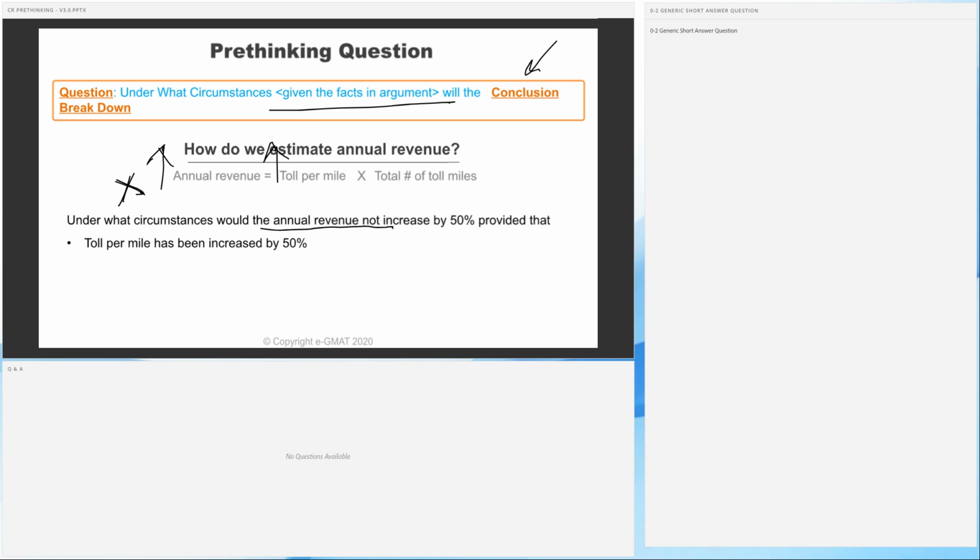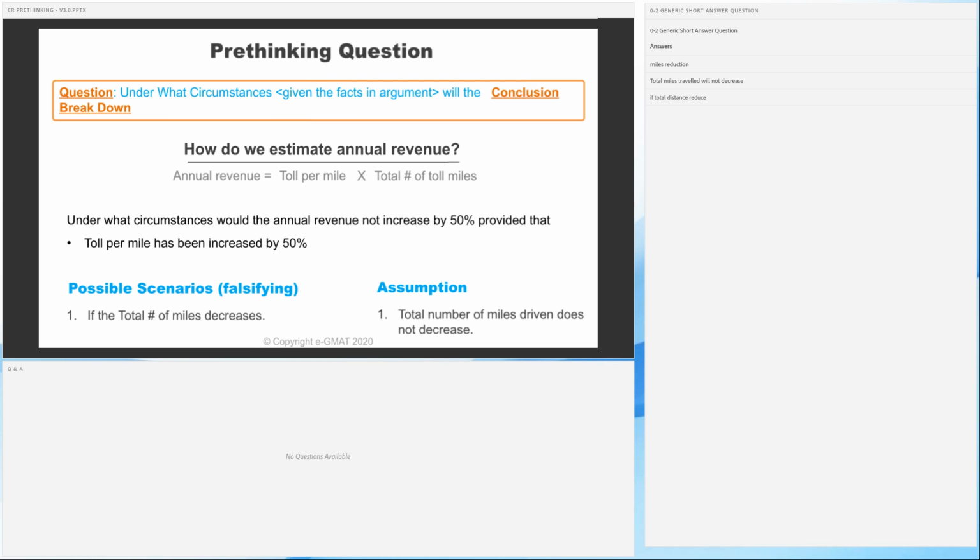If the total number of miles decreases. So that's my only conclusion breakdown scenario. If that's my only breakdown scenario, then my assumption is that the total number of miles does not decrease.